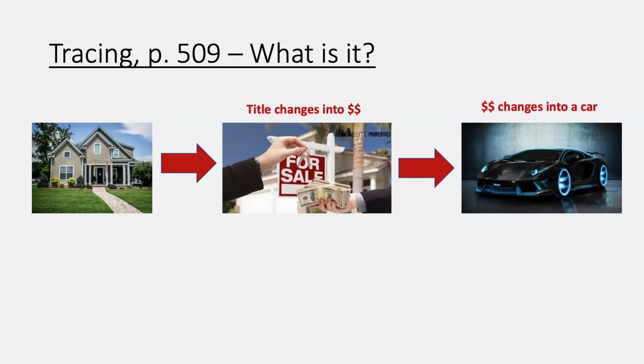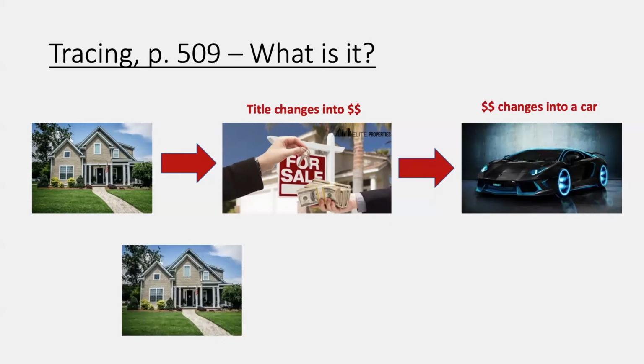And now we want to put a constructive trust to get back what was wrongfully taken. In this case, we have no house, it belongs to someone else. There's no more money, it's now a car. And as long as you can trace the car, the money that was used to purchase the car, back to the original property that was taken wrongfully, which is the house, you'll be able to put a constructive trust over the car, right?